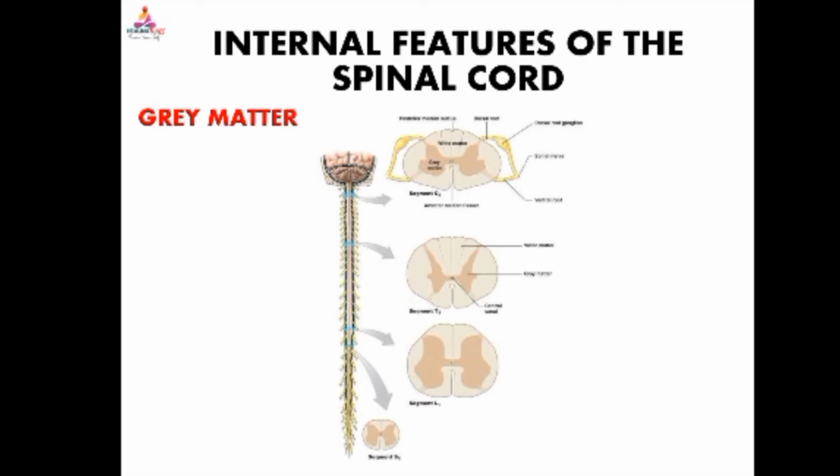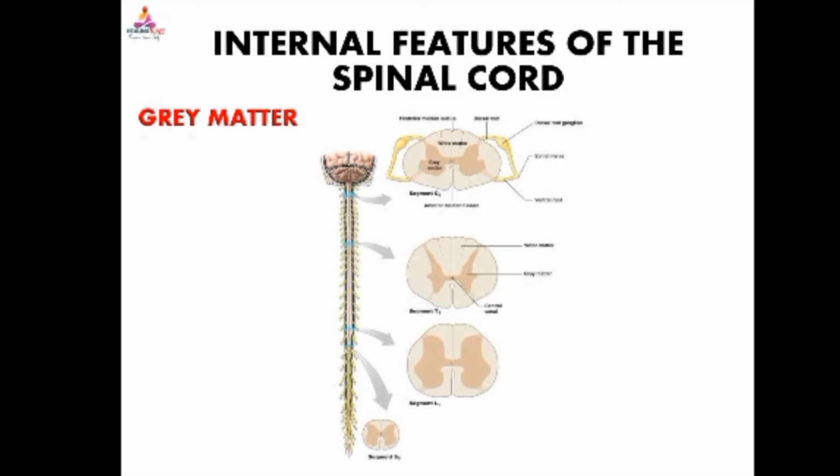It is therefore maximum in the region of the cervical and lumbar enlargements, which supply the limbs and their associated girdles. The horns are thus largest in the regions of the cervical and lumbar enlargements.